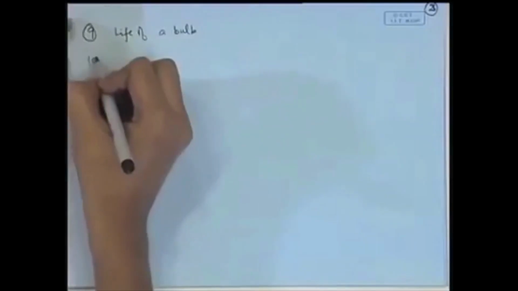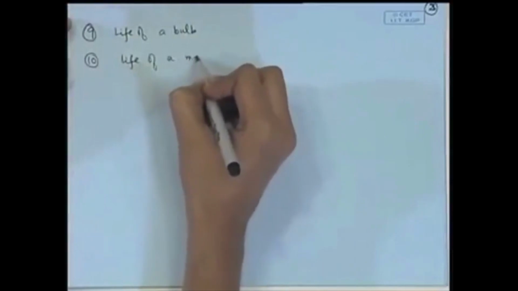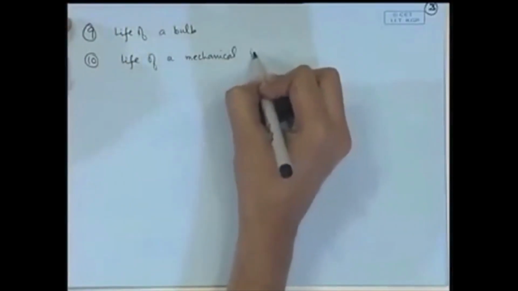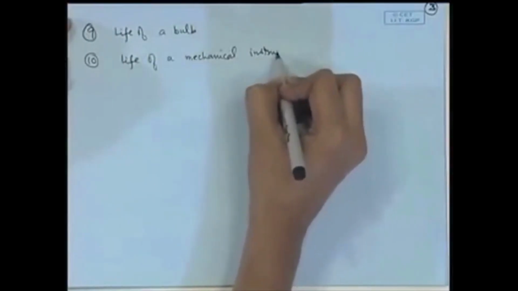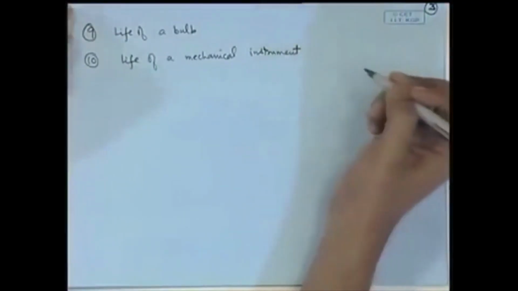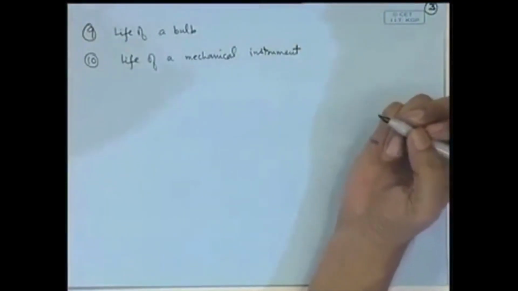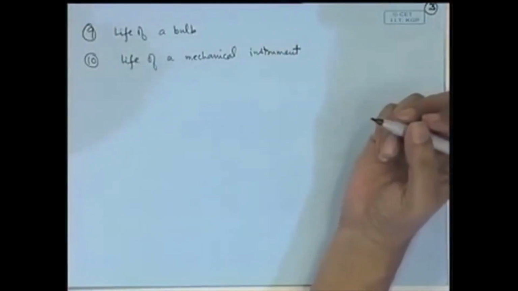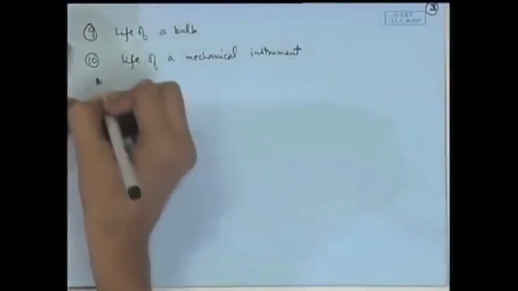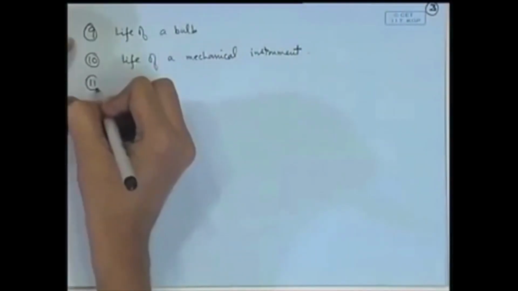If we look at, say, life of a mechanical instrument, for example, a certain turbine or a certain engine, although they are all produced by a certain standard process, the actual life of that instrument cannot be predicted in advance.